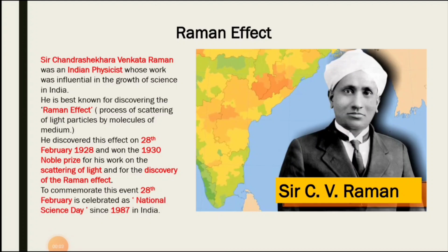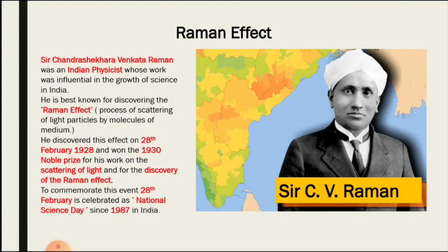Raman effect. Sir C.V. Raman, Sir Chandrasekhara Venkata Raman, was an Indian physicist whose work was influential in the growth of science in India. He made many researches in physics. He is best known for discovering the Raman effect. Now, what is the Raman effect? It is a process of scattering of light particles by molecules of medium.